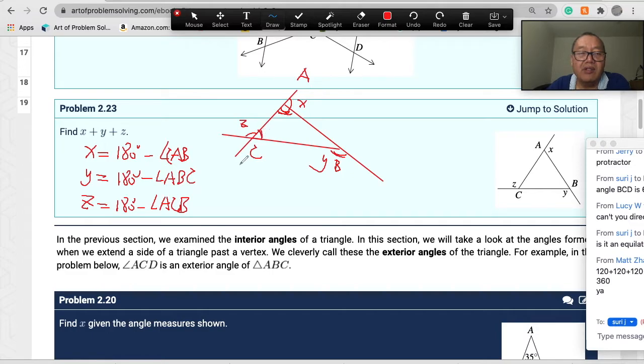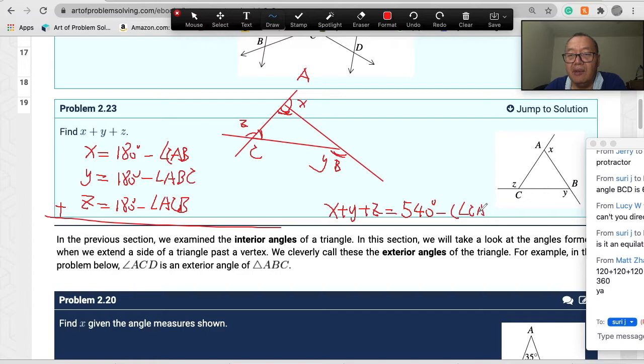Then you add these three equations together, you get the left side, that will be X plus Y plus Z. Then see what the right side is. The right side will be 180 plus 180 plus 180, that's 540 degrees minus the sum of interior angles of this triangle ABC, right?